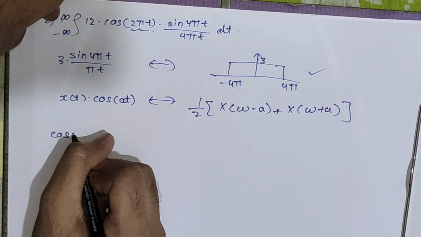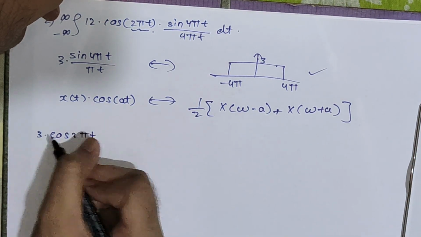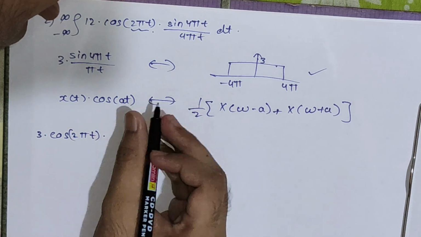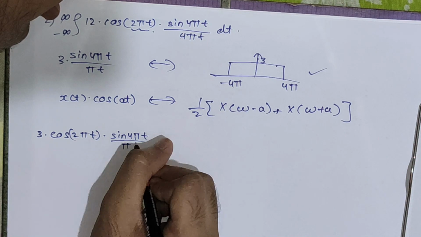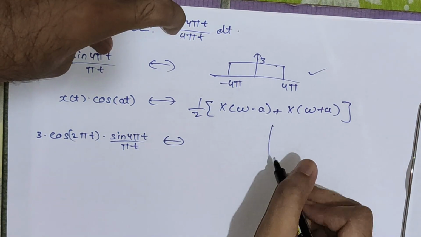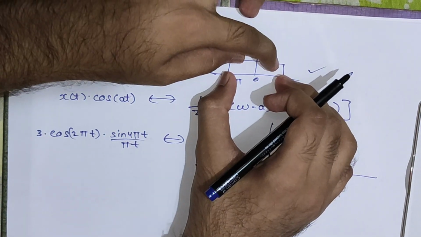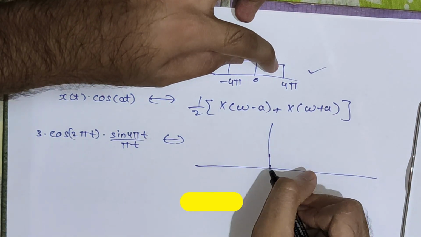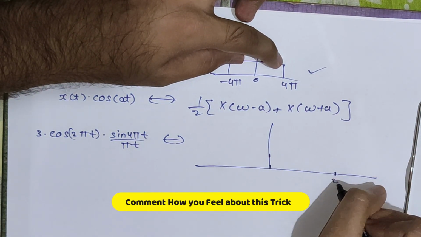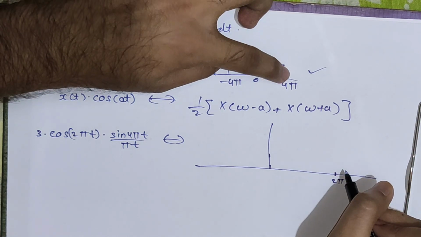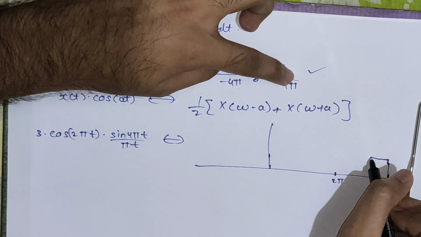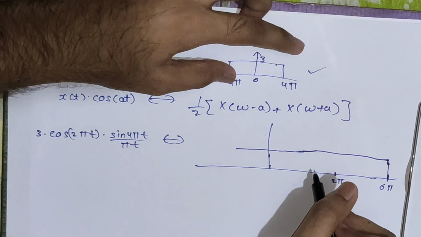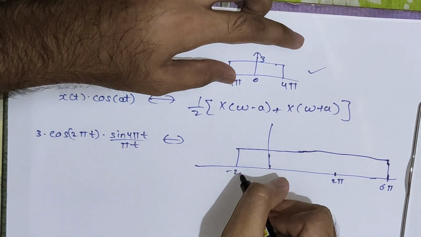The Fourier transform of cos 2πt multiplied by 3 sin 4πt upon πt will be shifted to minus 2π and 2π. If it gets shifted to 2π, the origin becomes this 2π, and 4π plus 2π will be 6π. We get the rectangular function till minus 4π plus 2π, which is minus 2π.